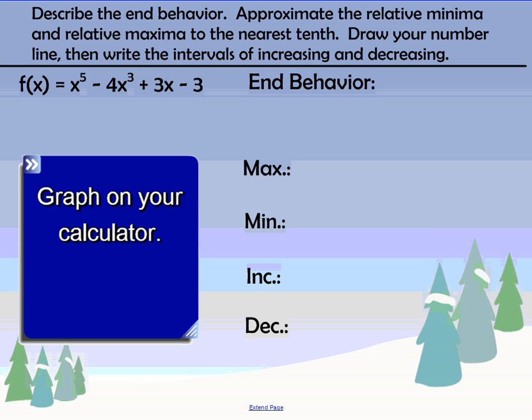So on this problem, I want you to go ahead and pause it, do the whole problem, and then do it again. Alright, so the first thing we are going to do is the end behavior. Hopefully you got that this one falls left and rises right.